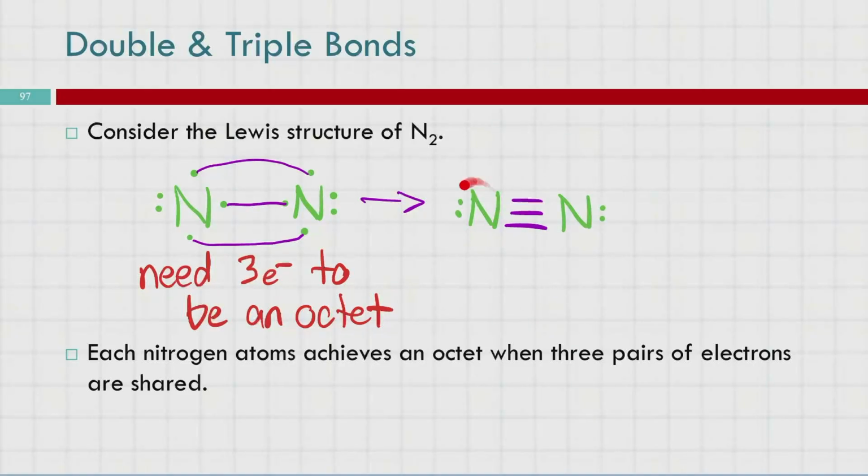So we've got our nitrogen on the left, we've got our hamburger menu in the middle, we've got our nitrogen on the right. How many electrons are in these bonds? Total electrons: we've got 3 lines, 2 electrons each, so a total of 6 electrons.